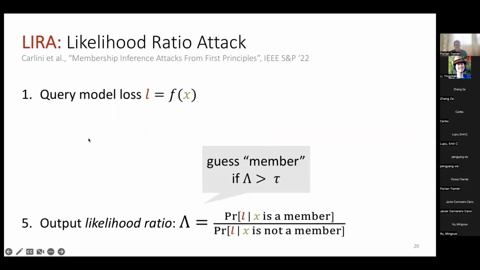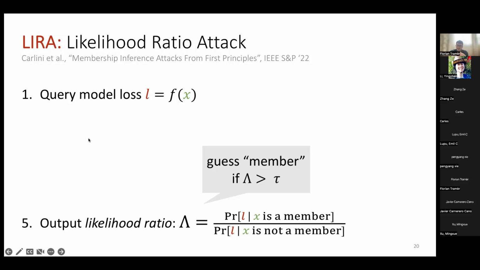This brings us to the attack we suggest, which is called LiRA, for likelihood ratio attack. At a very high level, what this attack does is literally what we saw on the previous slide: we take a trained model, we query the model and we calculate the model's loss on this input.